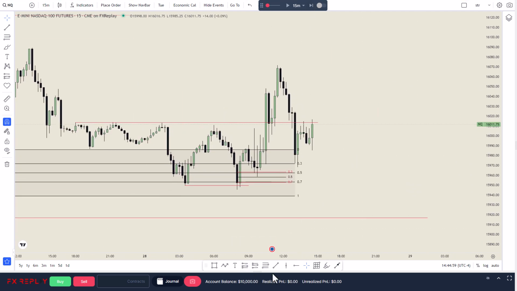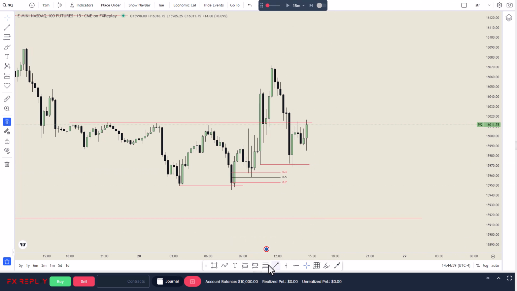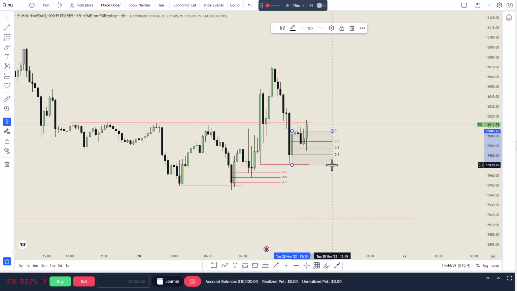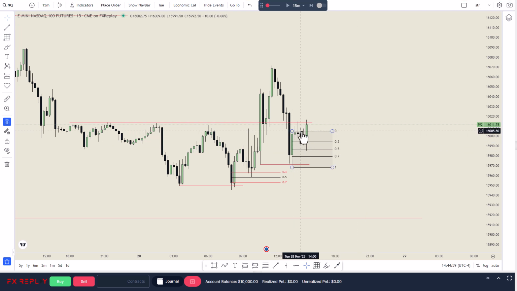Okay, so now we have another opportunity. We have a sweep right here. Let's remove all of these zones. We have a beautiful sweep. This is the one responsible for the sweep. We close above it right here with this candle. We are inside the zone.